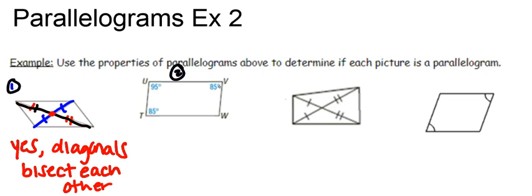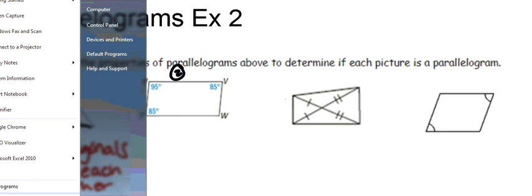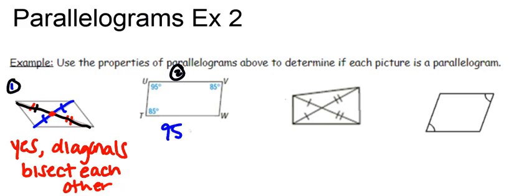The other property about parallelograms and angles is that the consecutive angles have to add up to 180. So these angles that are next to each other, U and T, they should add up to 180. So 95 plus 85 is 180, so that's a good sign.